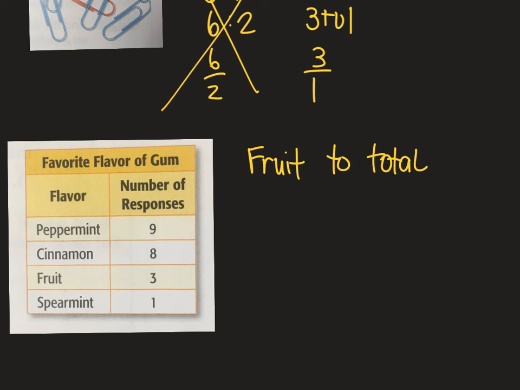Fruit to total. How am I going to figure out the total number of people? Oh, yeah, you mean I'm going to add those up? Yes, you are. Push pause. See if you get fruit to total, all 3 ways, simplified.